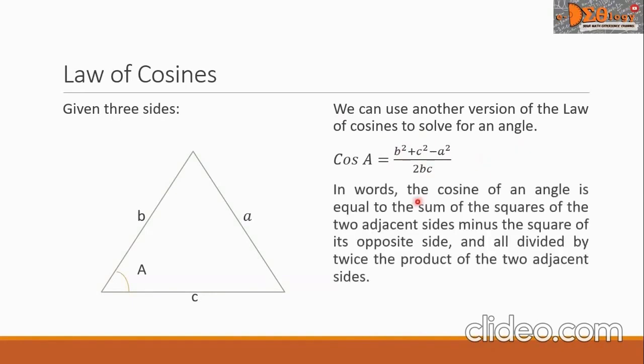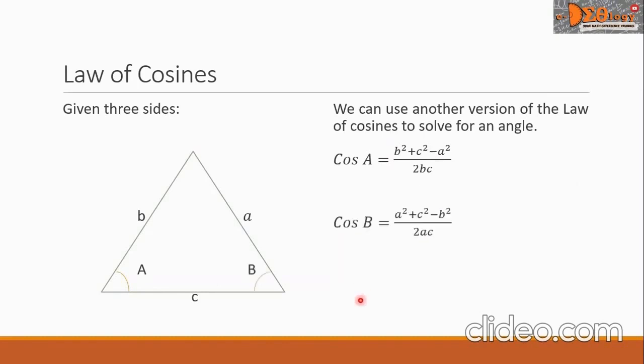In words, the cosine of an angle is equal to the sum of the squares of the two adjacent sides minus the square of its opposite side, and all divided by twice the product of the two adjacent sides. Suppose we want to get angle B, we will use this formula: cosine B equals A square plus C square.